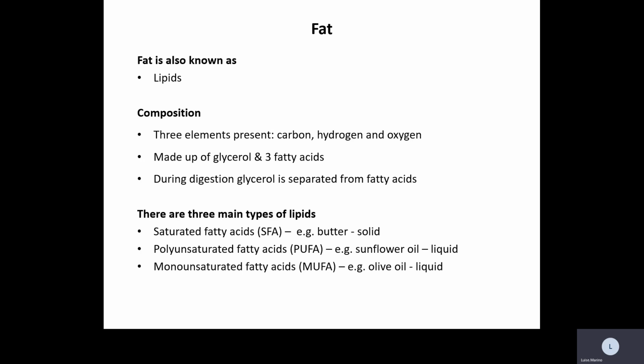the outer layer of a cell, and the type of lipid within that lipid bilayer is influenced by the dietary component. So if someone has a diet that's very high in omega-6 fatty acids, so sunflower oil, their lipid bilayer is going to be rich in omega-6 fatty acids.